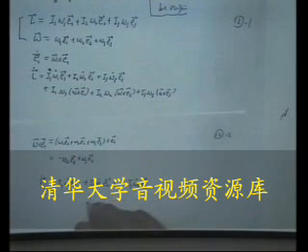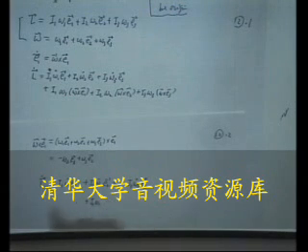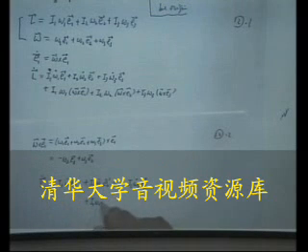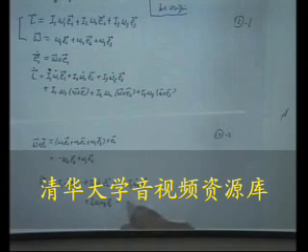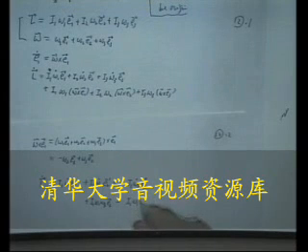So that's plus I1 omega 1 times this, which is omega 3 E2 minus I1 omega 1 omega 2 E3.